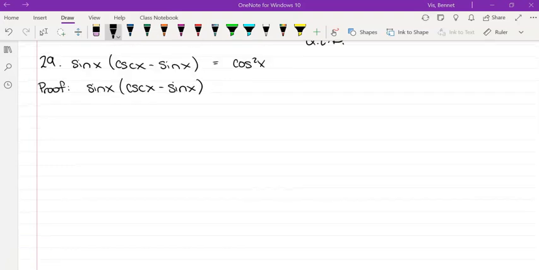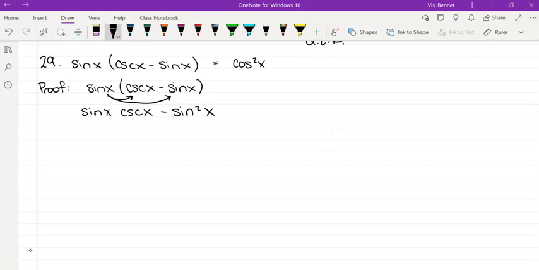This next one is very similar to the one we just did. I want to show that sine times the quantity cosecant minus sine is equal to cosine squared of x. It's going to be about the same length, pretty short one here. I'll do the same thing to start. Distribute sine times cosecant and sine times sine to rewrite as sine x times cosecant x minus sine times sine is sine squared.